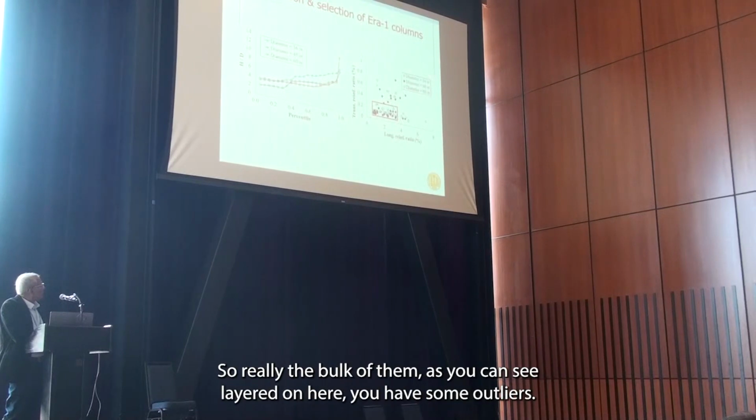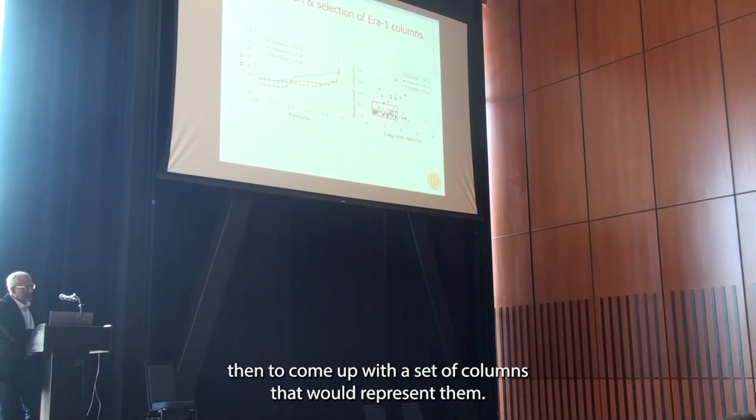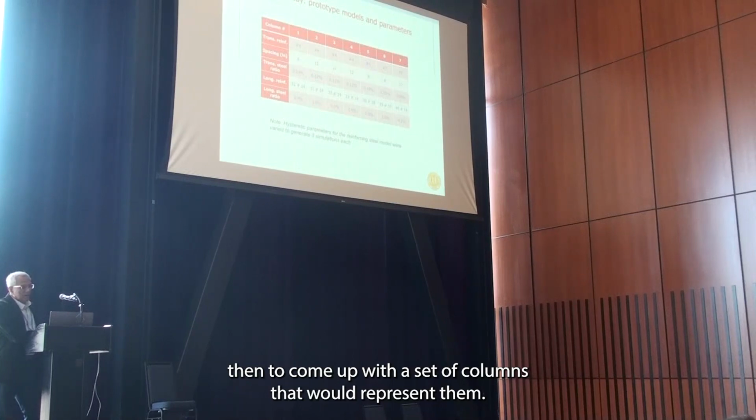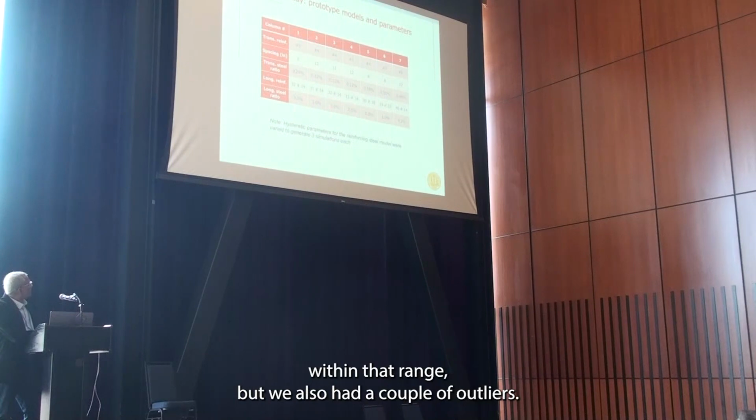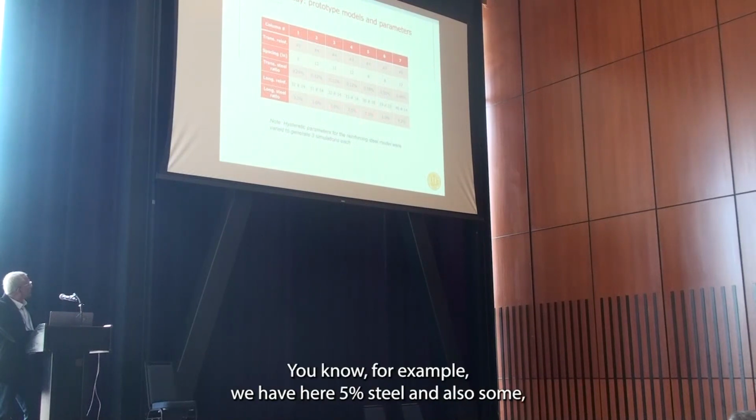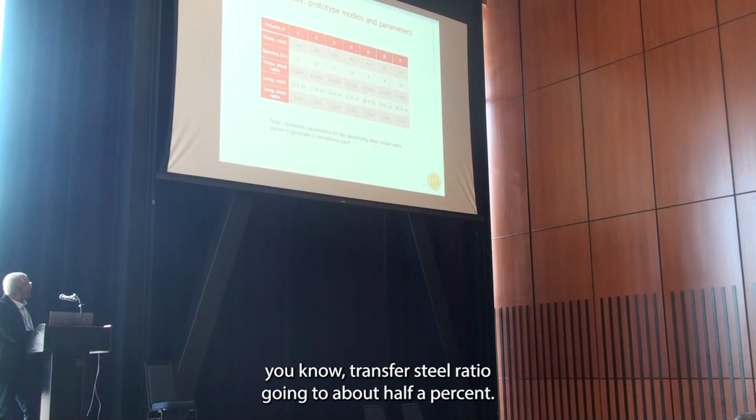So really the bulk of them, as you can see, lie around here. You have some outliers, and so our task was then to come up with a set of columns that would represent them. So we had the majority of them lie within that range, but we also had a couple of outliers. For example, we have here 5% steel, and also some transverse steel ratio going to about 0.5%.